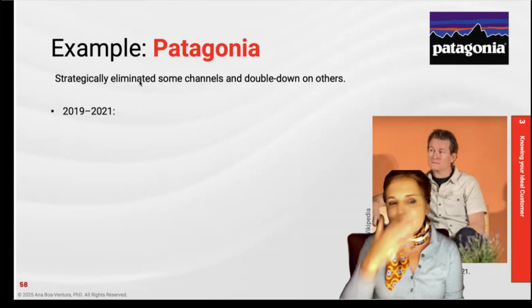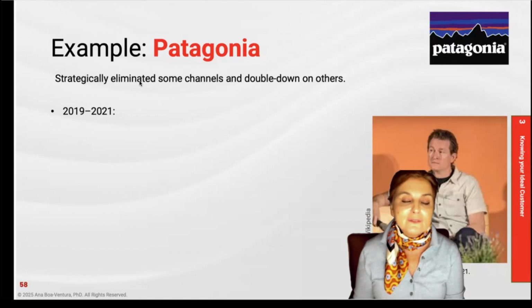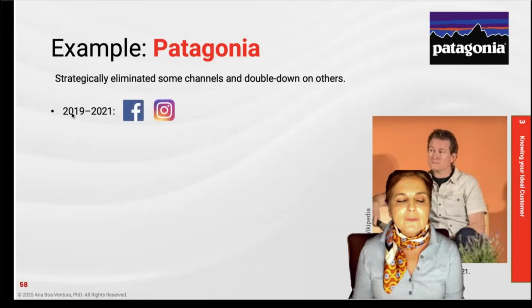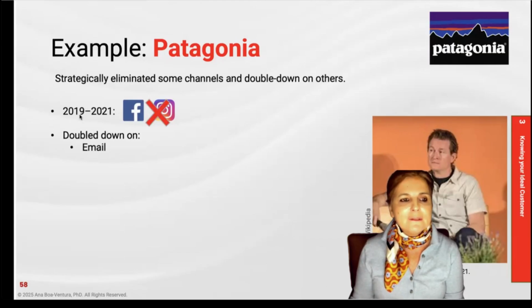They said they did this out of convictions, values, but also for strategic reasons. So between 2019 and 2021, they basically dropped Facebook and Instagram. Okay, and there'll be another cross here, but they dropped both.